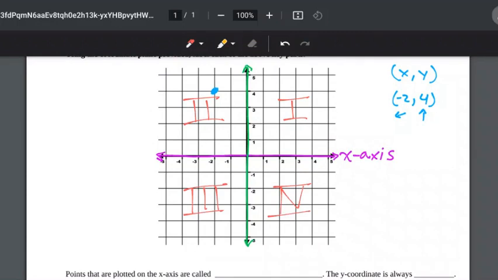And then our last term is origin. So the origin is the center of our coordinate plane. And again, the coordinate is (0, 0). So it is this point right here in the very center. And if you want, on your notes, you can even label it. So it's right there for you.